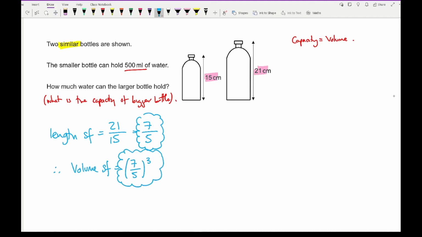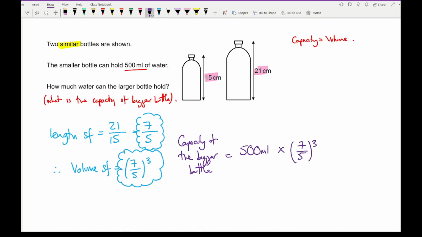So therefore the volume, or capacity I should say, so the capacity of the bigger bottle is going to be the capacity of the smaller bottle, which is 500 millilitres, multiplied by 7 over 5 cubed.